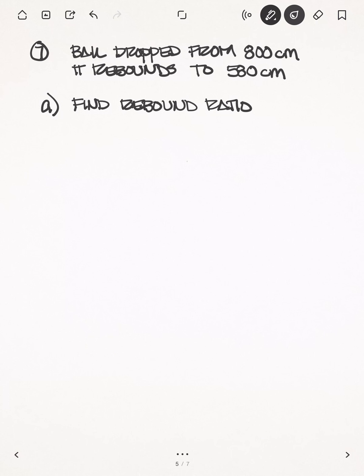Okay, I want to find the rebound ratio. Remember the formula. Rebound ratio is the rebound height, the smaller number, divided by the bigger number, which is the starting height. So my rebound height was 580, and I'm going to put that on top, 580 centimeters.